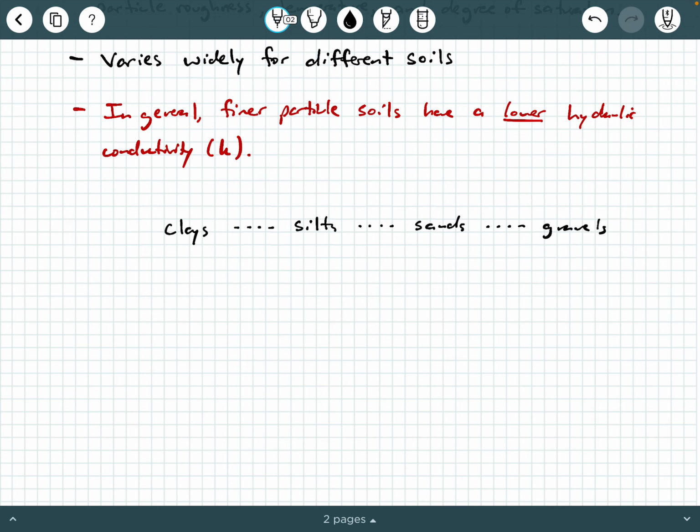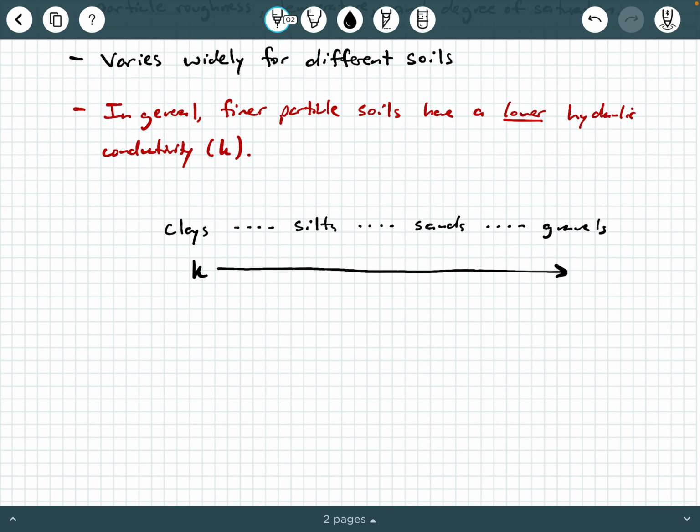Hydraulic conductivity will tend to increase as you go from these small clay particles to small but slightly larger silt particles to the larger sand particles to the very large gravels and so on. So this is in general.